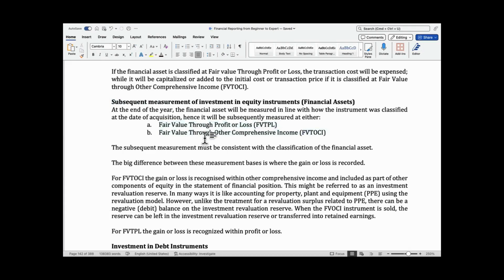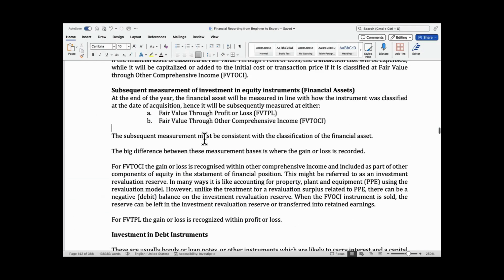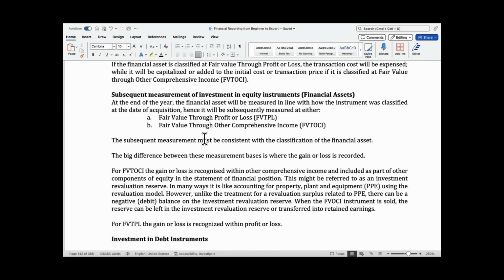You'll see that this is consistent with the classification. If you classify it at the beginning at fair value through P&L, at the end of the year it is expected that you measure it at fair value through P&L. Or if you classify it at the beginning at fair value through OCI, it's expected that you measure it at the end of the year at fair value through OCI.